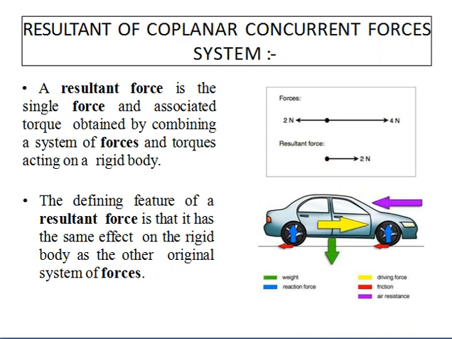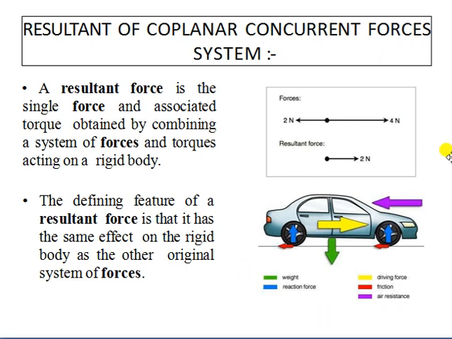Here you can see a diagram of a car which has different forces acting on it. There is friction, shown in red. The driving force of the car is shown in yellow. The weight of the car, acting in the downward direction, is shown in green. The reaction force to the friction is shown in blue, and the purple arrow represents the air resistance.